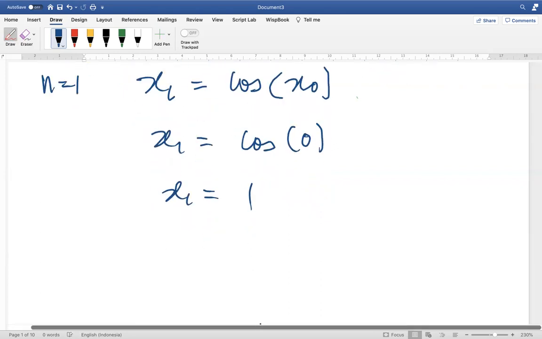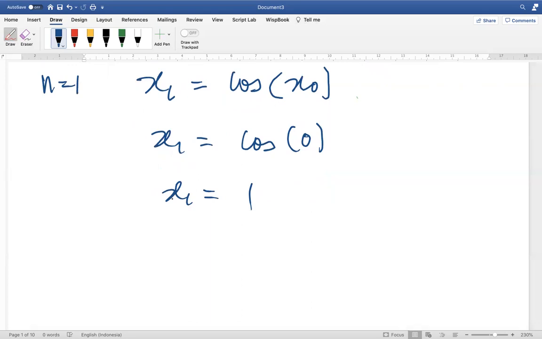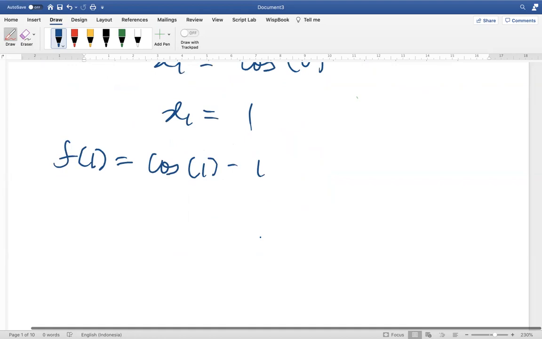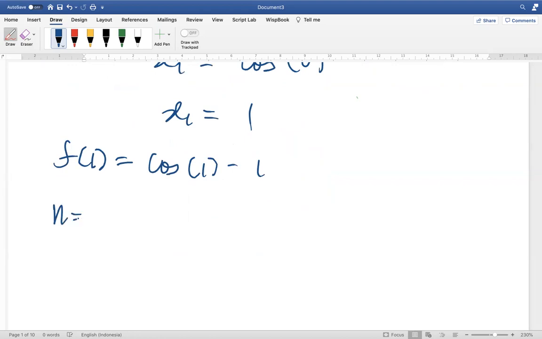And then you continue. Of course, you also need to check what is the value of f(1), cos 1 minus 1, same as before. And then you can continue to n equal 2.